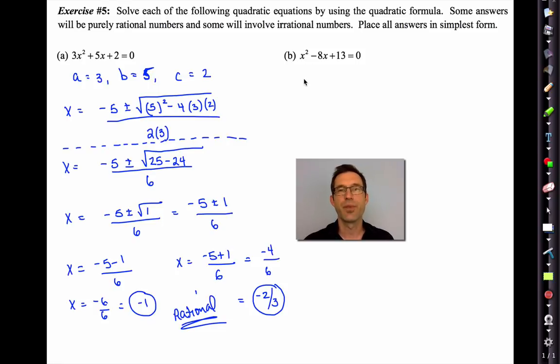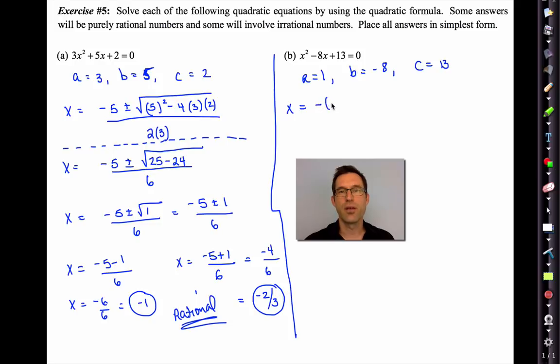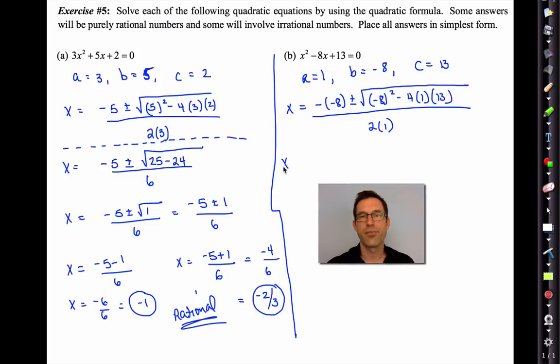Let's dive into it. Okay, we're back to a equaling 1, b is -8, and c is 13. So x will equal negative b plus or minus the square root of b squared minus 4 times a times c, all divided by 2 times a.